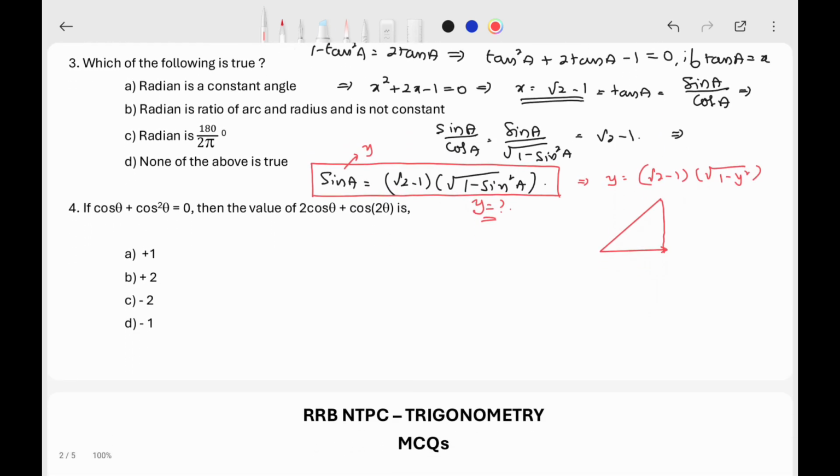Let us say adjacent side is 1 and this is this. What will be the hypotenuse? Hypotenuse will be the square root of this square plus this square, square root of 1 square plus root 2 minus 1, this whole square. Correct?